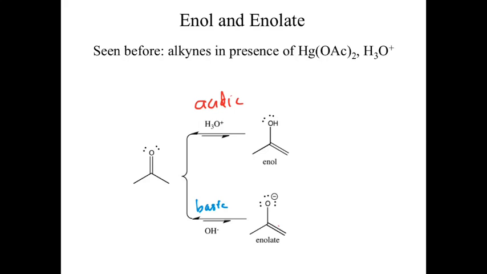And maybe in class, if you guys have questions, I'll walk through it. But under acidic conditions, we end up with the enol. And under basic conditions, we end up with the enolate. Okay, this -ate ending will start to look more and more familiar as we talk about our carboxylic acid functional groups. It's really in reference to that negatively charged oxygen.